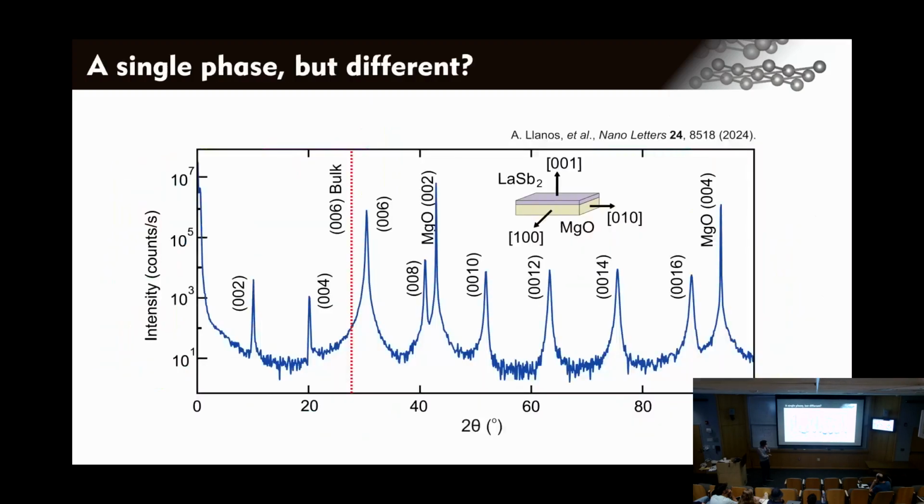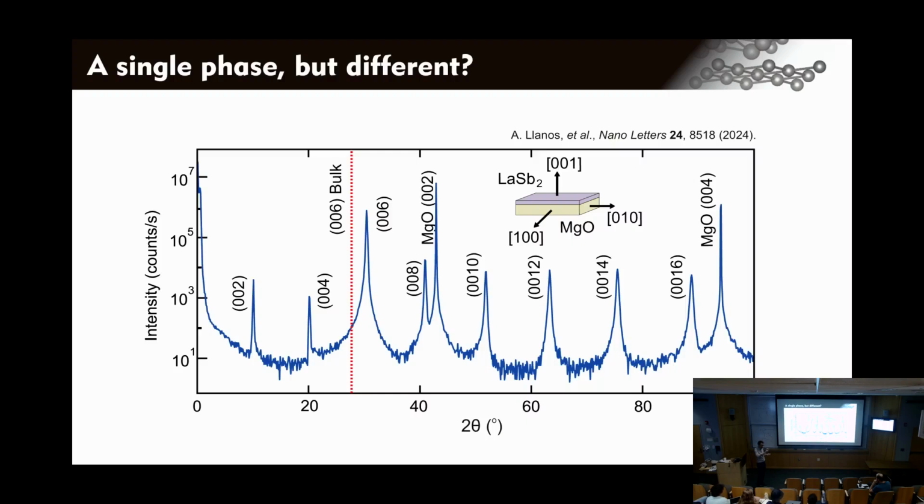So we grew these films. I'll show you some more diffraction and electron microscopy in a moment. But this is out of plane Bragg diffraction. They're single phase, we see 006, 008, and so on and so forth. There are no other phases to be seen. But you can see that the 006 diffraction spot is significantly offset from the bulk diffraction condition.